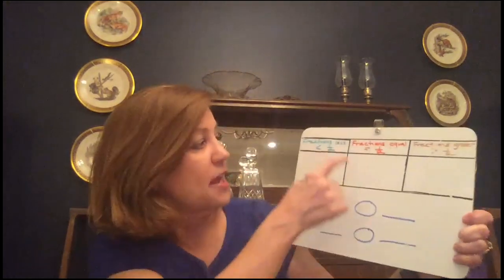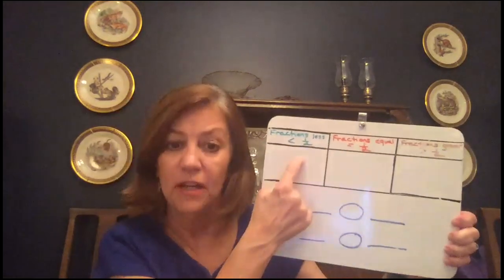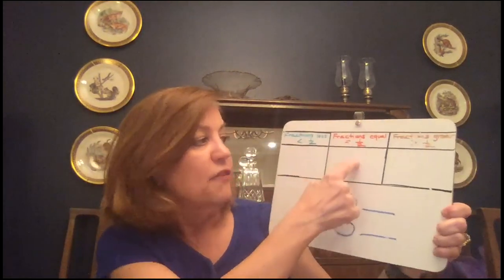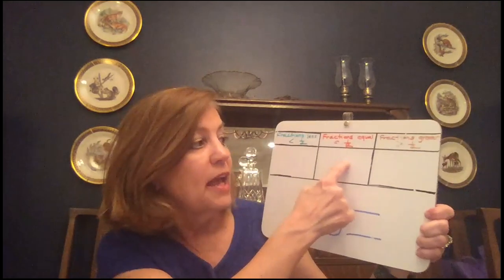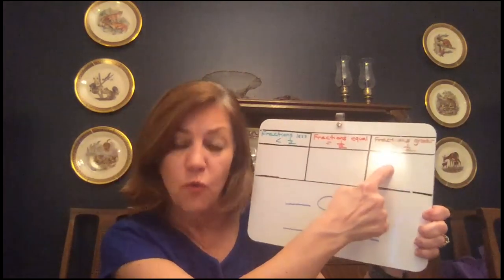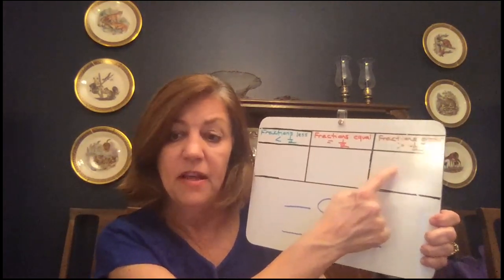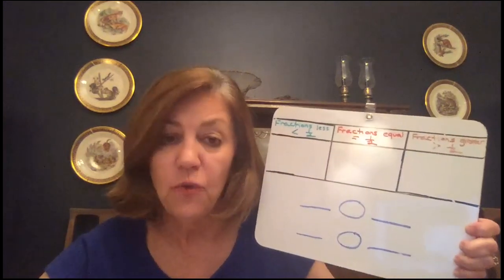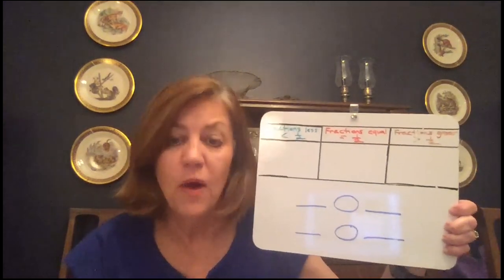Okay, so I want you to look at page 235 for just a minute, and we're going to compare some fractions and decide if they should go in fractions that are less than 1/2, fractions that are equal to 1/2, or fractions that are greater than 1/2. So I want you to start with 1/3.